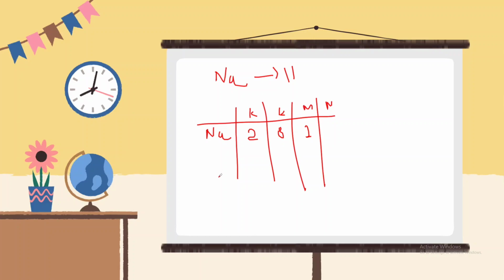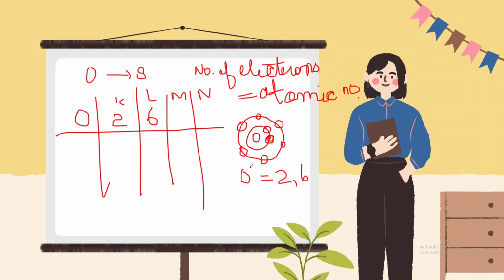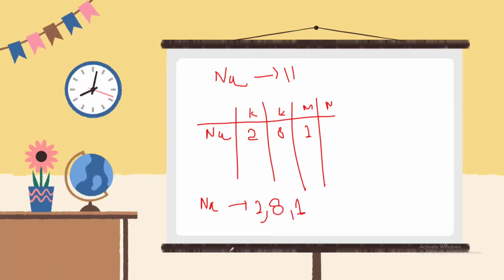So the electronic configuration for sodium will be 2, 8, 1, and you can represent it using a diagram just like how we did for oxygen. You have to make one more shell and represent the number of electrons in each shell.